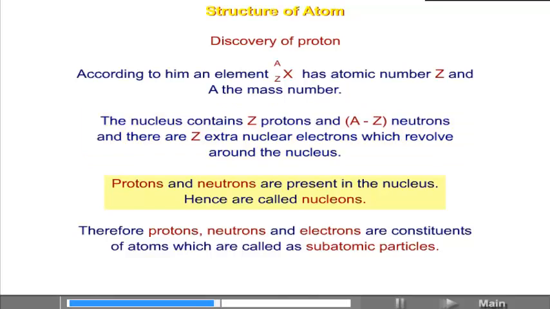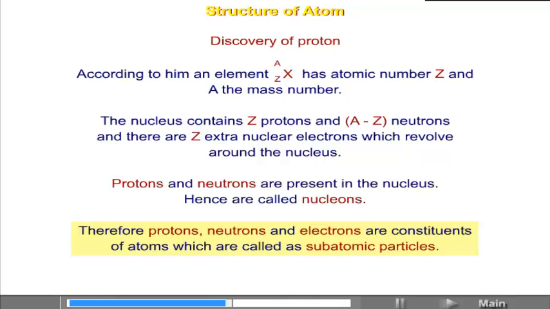Protons and neutrons are present in the nucleus, hence are called nucleons. Therefore, protons, neutrons and electrons are constituents of atoms which are called as subatomic particles.